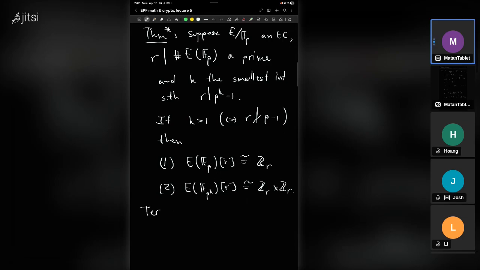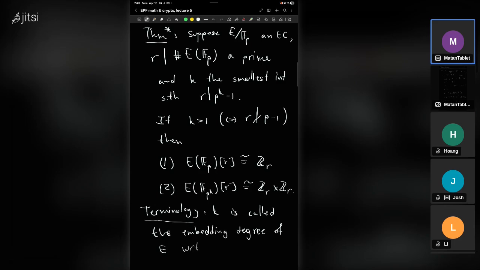Now the terminology. K is called the embedding degree of E with respect to R. Usually in the examples we take in practice, you cannot choose just any curve.